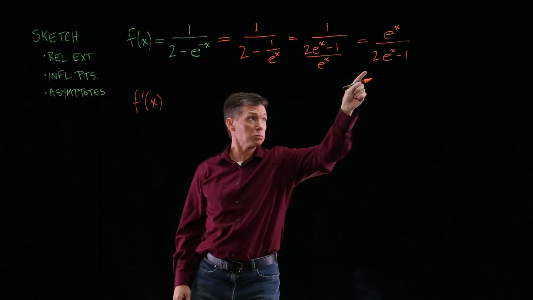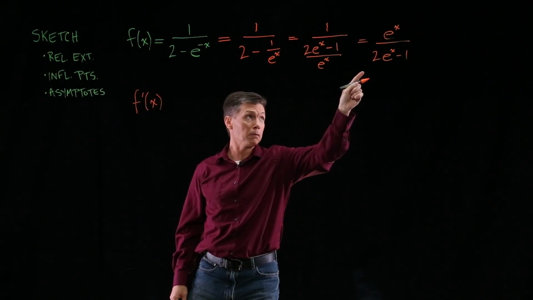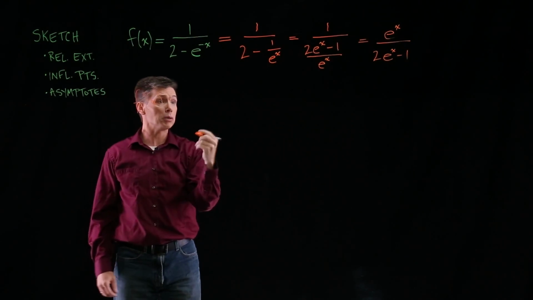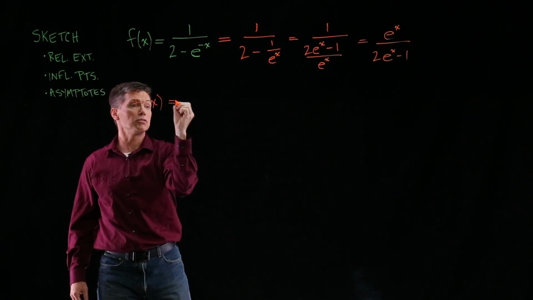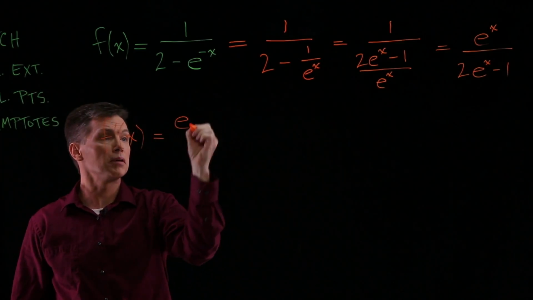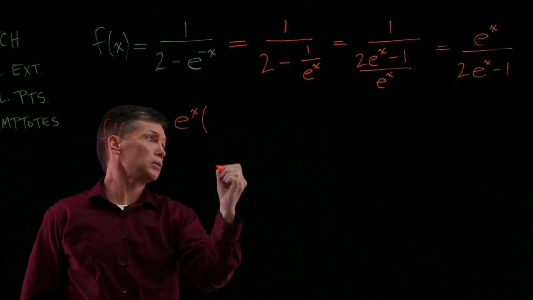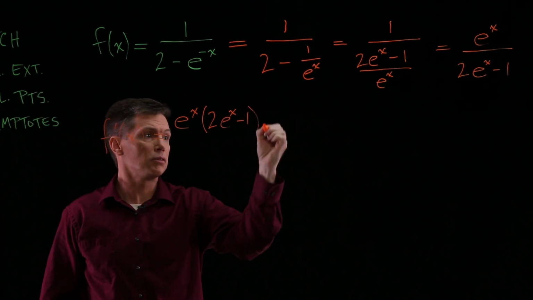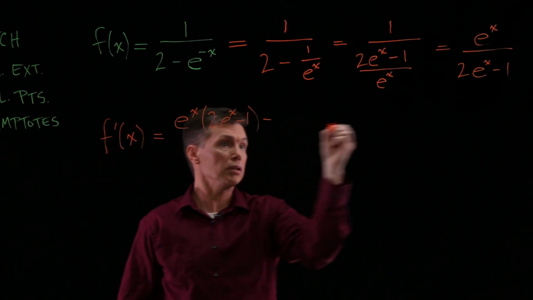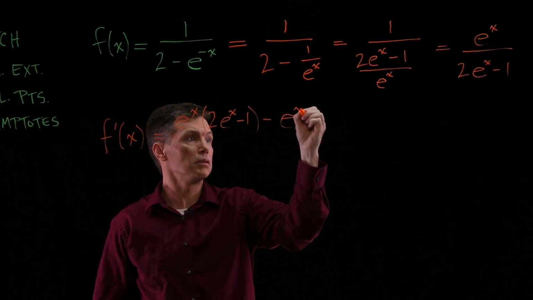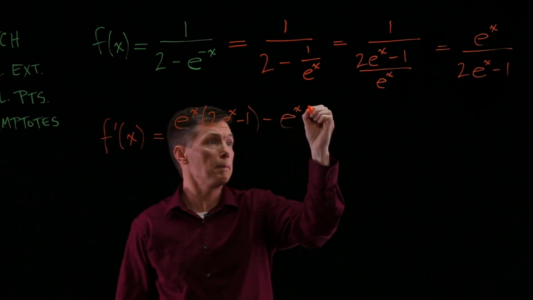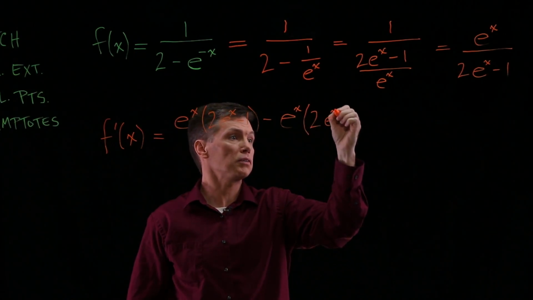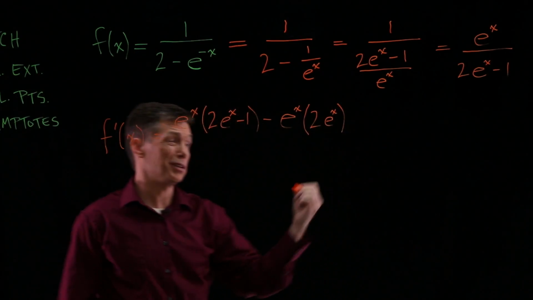So I'm looking at this expression. If I'm going to differentiate that, that's a quotient rule, right? Overall a fraction. So now I'm going to do my quotient rule, which is the derivative of the top, bottom left alone, subtract, top left alone, and then the derivative of the bottom, which is 2e to the x minus 0.